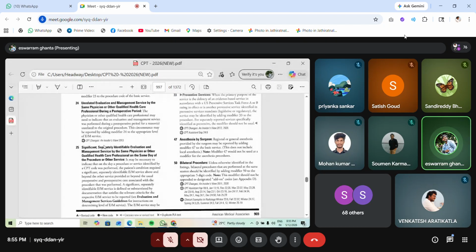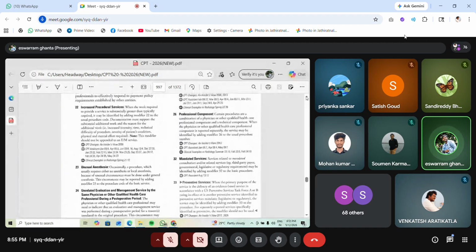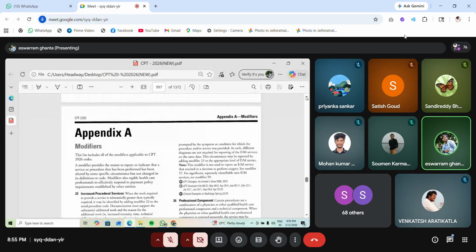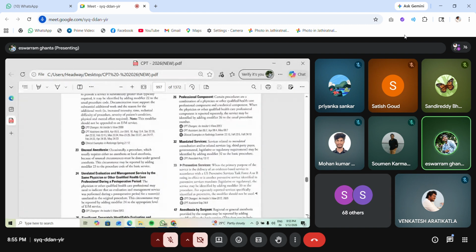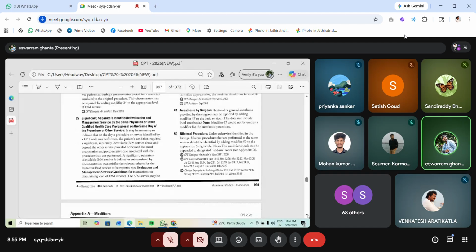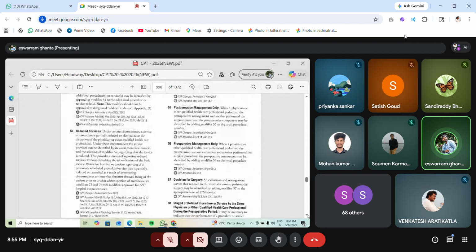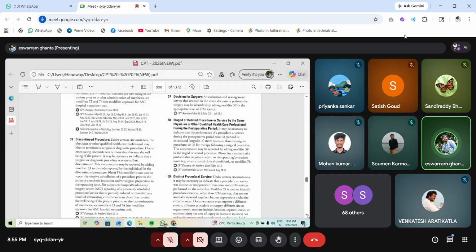Actually, a patient came to the hospital. It is similar to the 59 modifier. Let's see. 59 is a distinct procedural service.